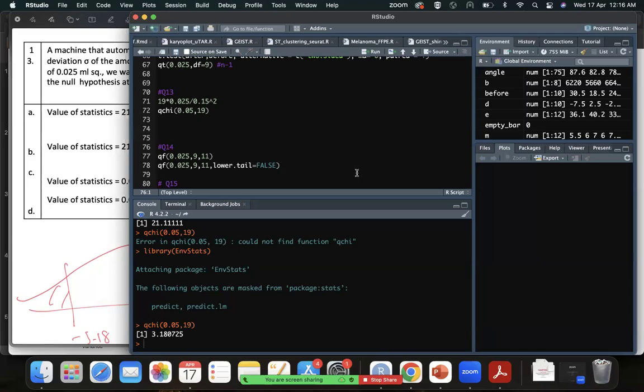I think I'm doing something wrong. Not sure. T observed is less.